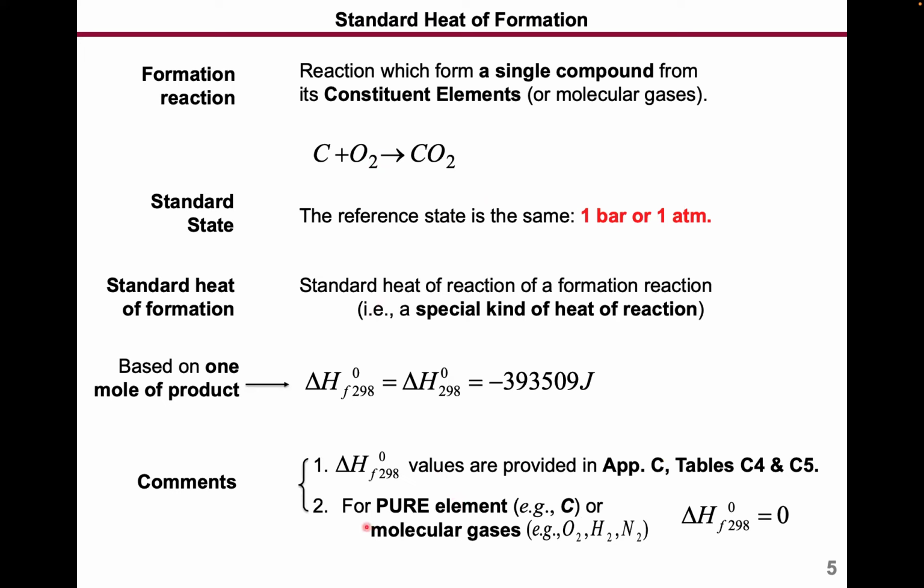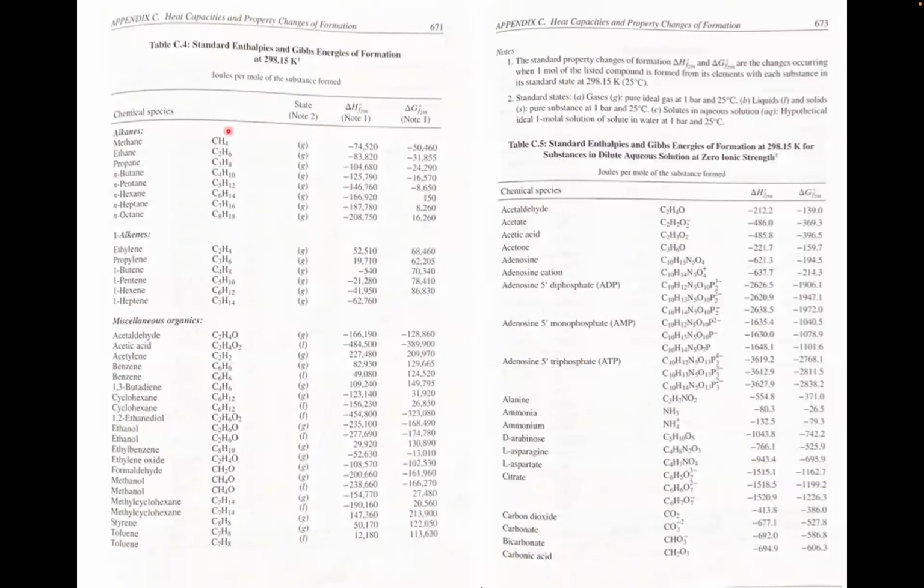So yeah, a quick comment, right? For pure elements or molecular gases, the heat of formation is essentially 0, okay? And the heat of formation at 298K, the standard heat of reaction at 298K for different species, you can look them up in the appendix table. Okay, so now here is an example. The table that we are compiling covers different hydrocarbon gases. Again, pay attention to the state, right?